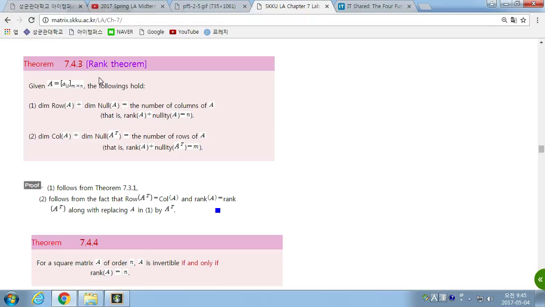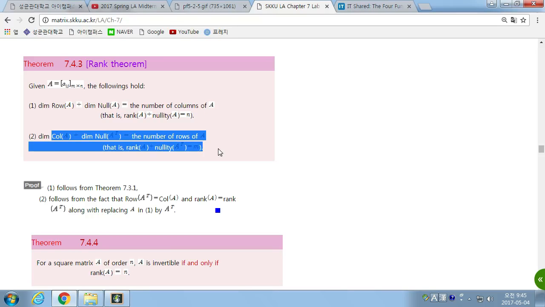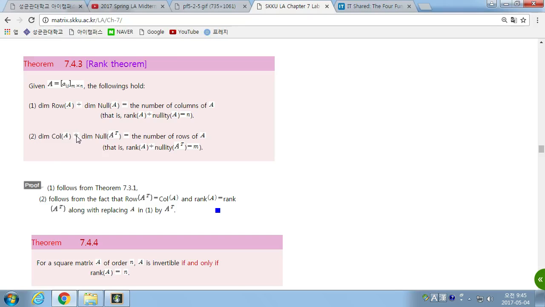Next, rank theorem. The rank nullity theorem works for an M by N matrix like this. So if we adopt this to A transpose, then the column rank of A transpose plus the dimension of nullity of A transpose is the same as the number of columns of A transpose, which is the dimension of column space of A plus the dimension of null space of A transpose and the number of rows of A, isn't it?